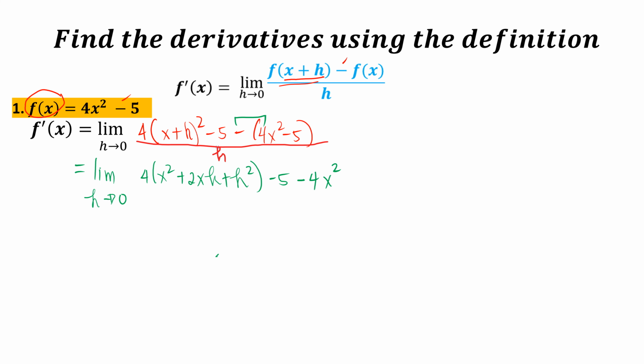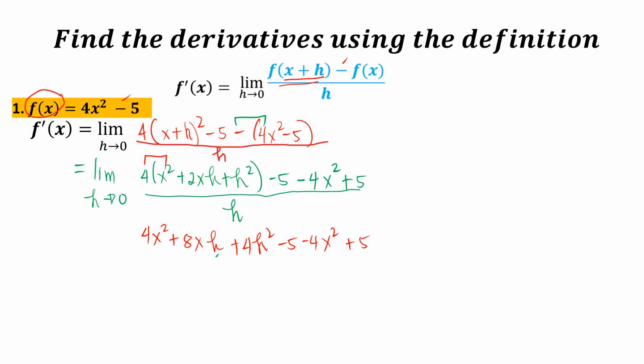This will become negative 4x squared plus 5. And in the formula, there is the denominator of h. And then let's proceed to the distribution. We will be distributing that: 4x squared plus 8xh plus 4h squared minus 5 minus 4x squared plus 5, and this is over h. And we will just write this notation, limit as h approaching 0, later.